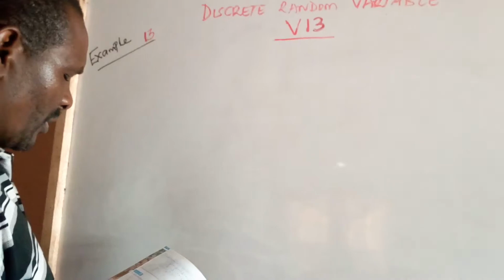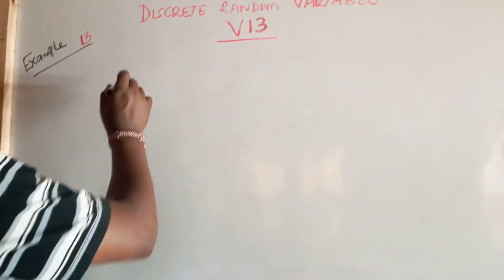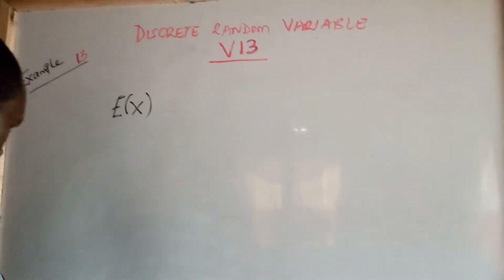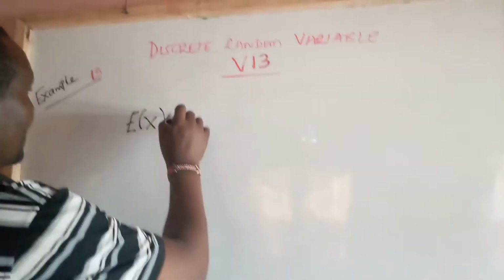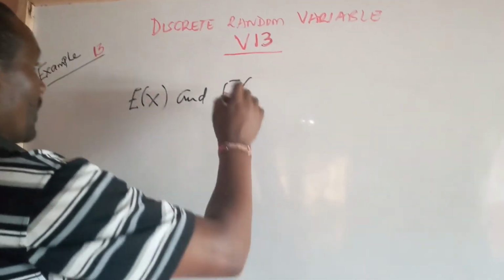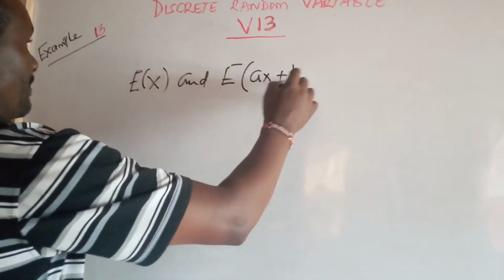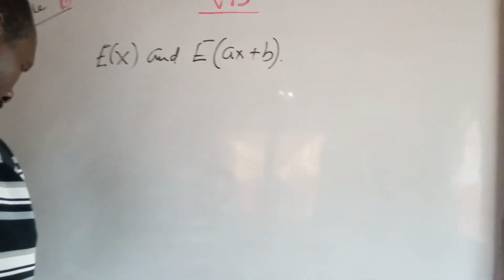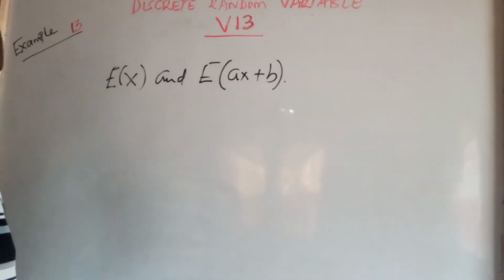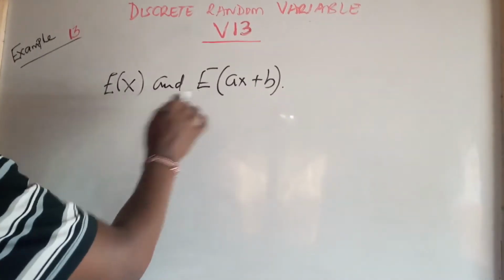A general rule relating expected value of x and expected value of ax plus b, where a and b are constants, is of course the general rule.